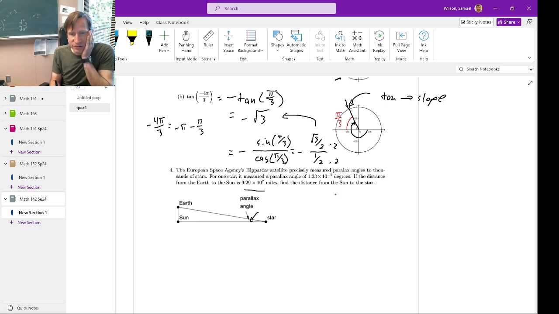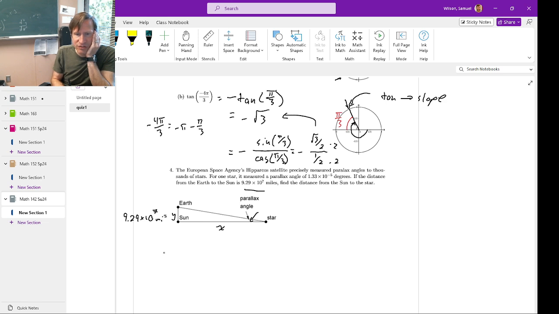Okay, so let's see. Let's call this horizontal distance x and this distance y. And the Earth to the Sun, 9.29 times 10 to the 7th miles, that's y. That's this distance here. So this is 9.29 times 10 to the 7th miles.